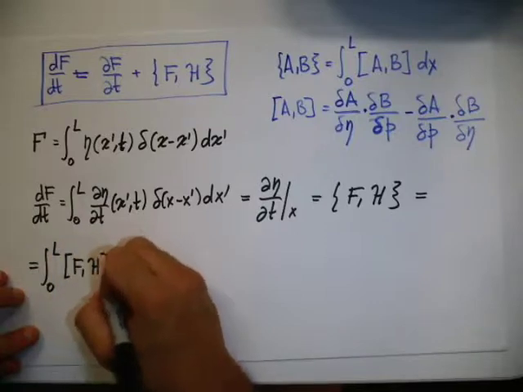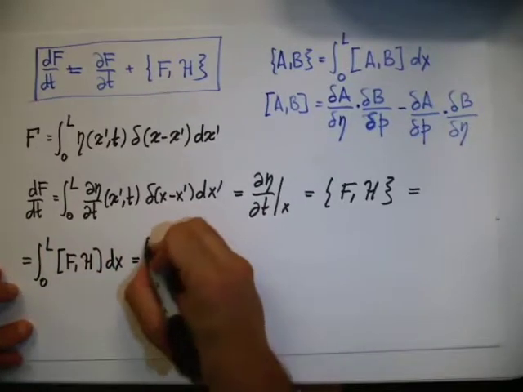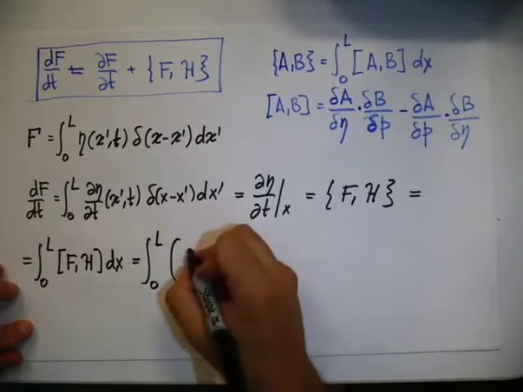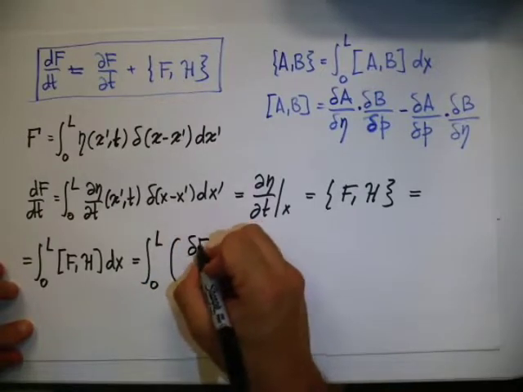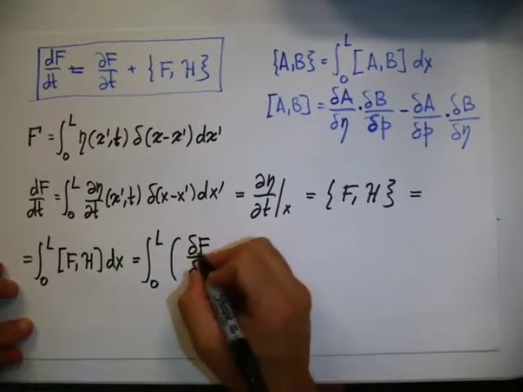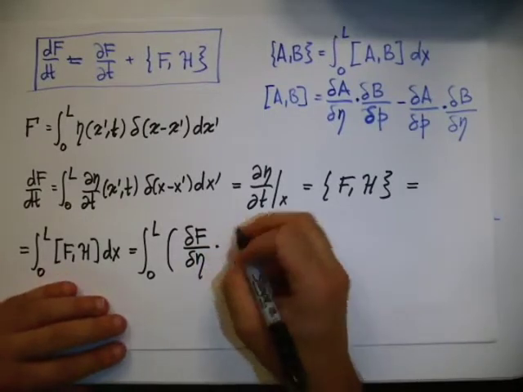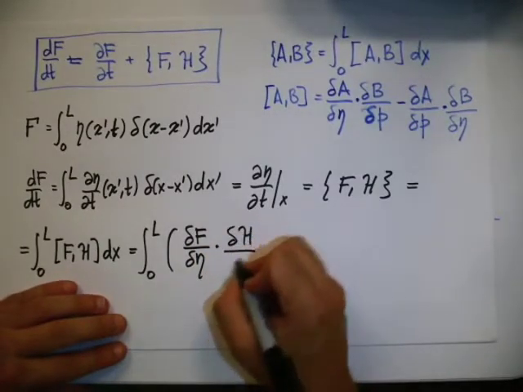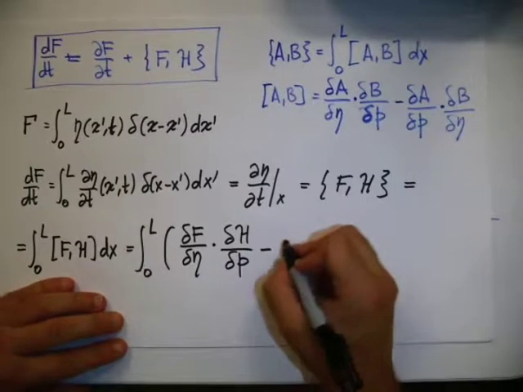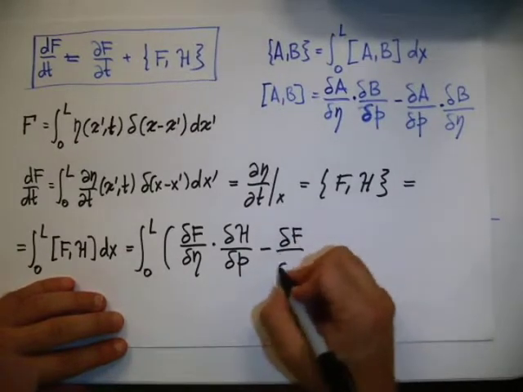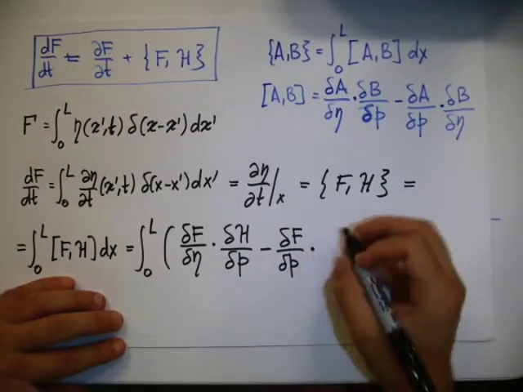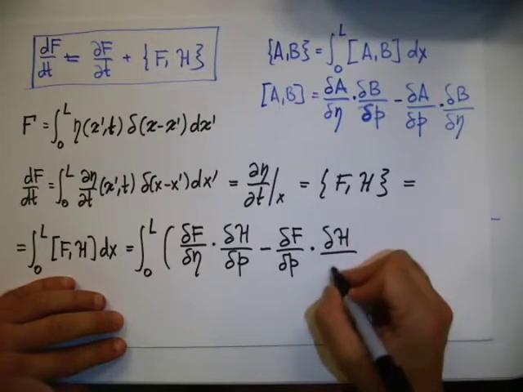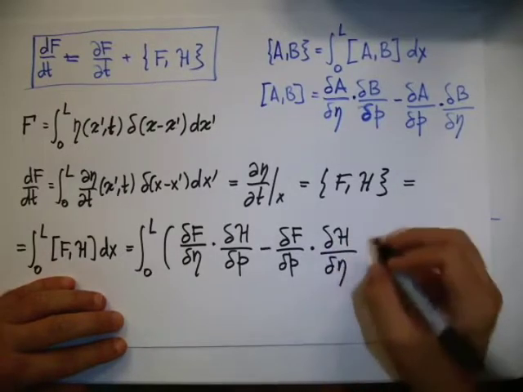This is equal to the integral between 0 and L of the variational derivative of f with respect to eta times the variational derivative of h with respect to p, minus the variational derivative of h with respect to eta times the variational derivative of f with respect to p, in delta x.